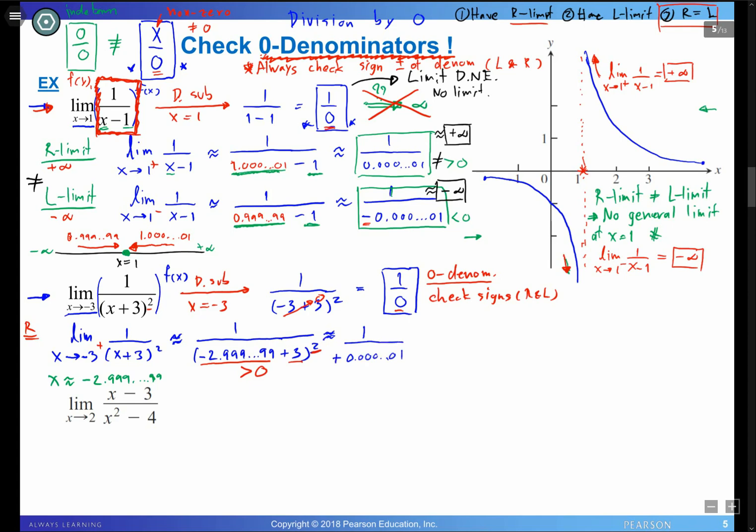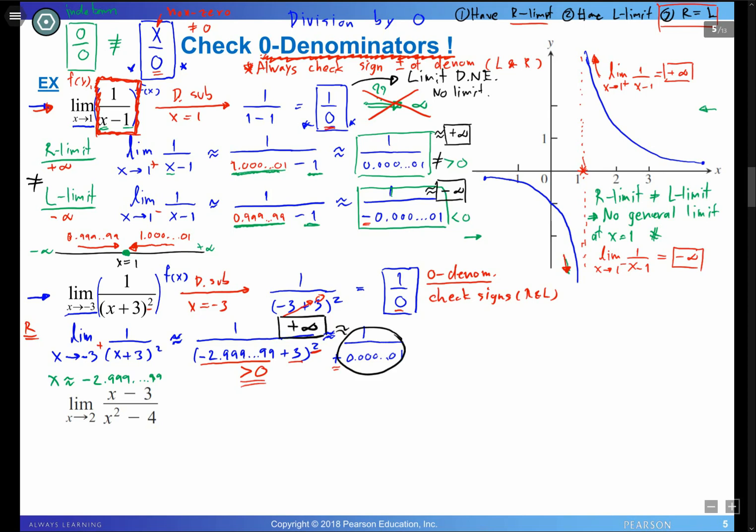This is important: positive right here, and it comes from this positive. As you can see, what we have at this point is 1 divided by a really small number, and of course this is going to become really big. So this is about the same as positive infinity.